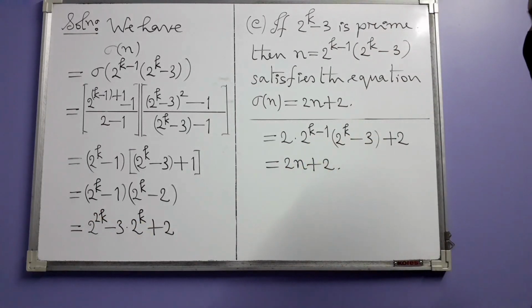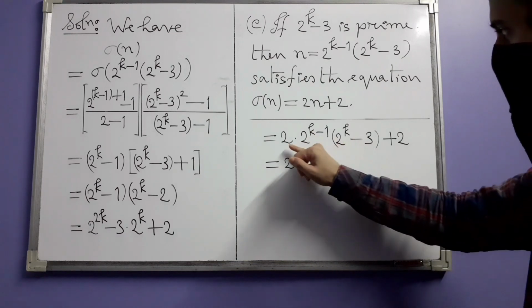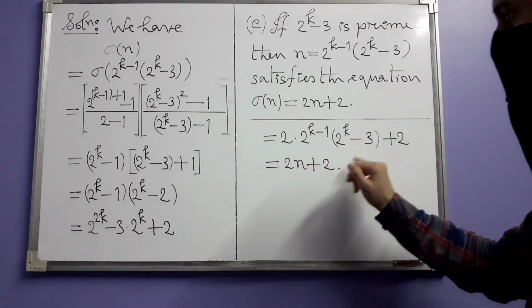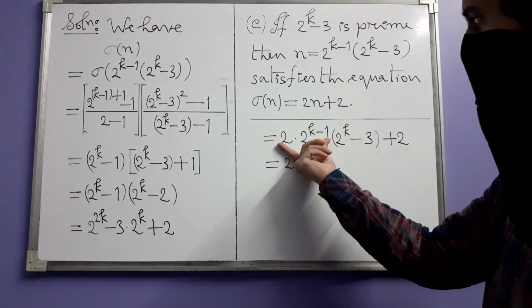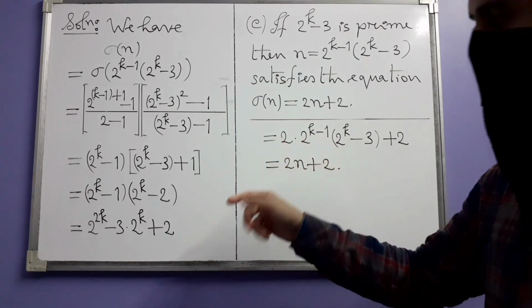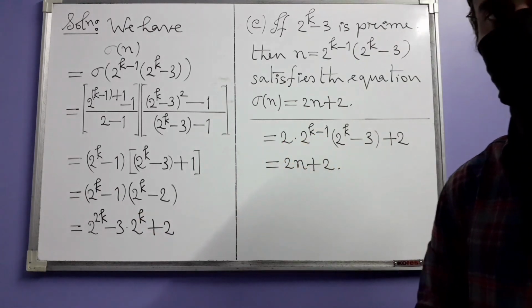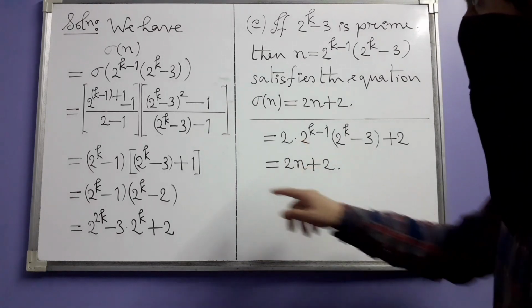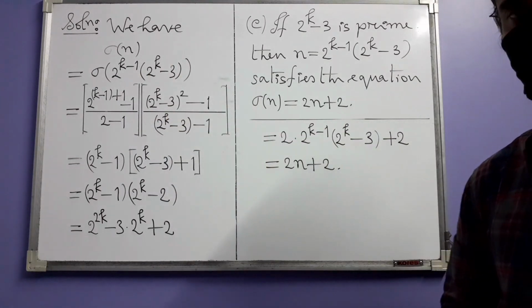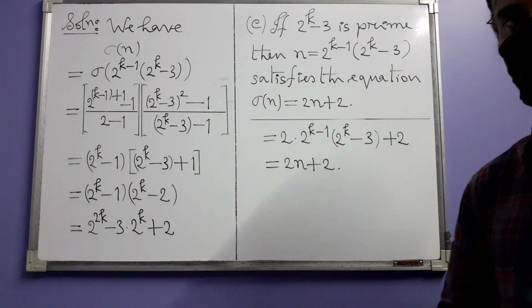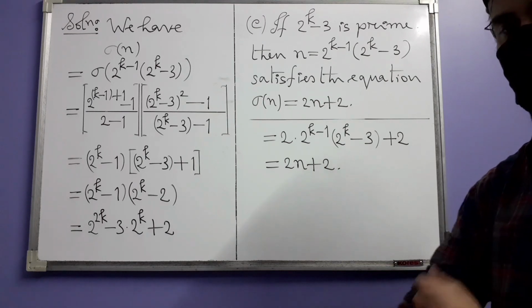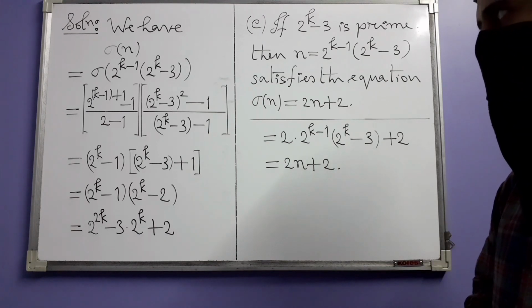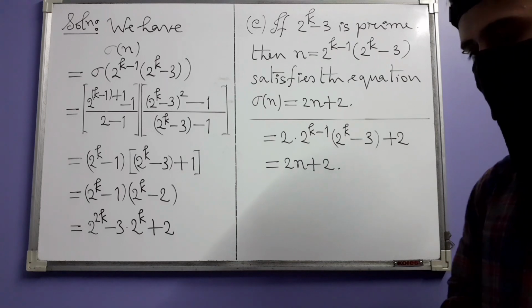And of course this times minus 3 is, if you do the multiplication, minus 3 times 2 to the kth power, and plus 2. Now this thing is actually just your original number, so that way you get 2n plus 2. So that's the solution to part C. So this completes this exercise, and let's see another one.